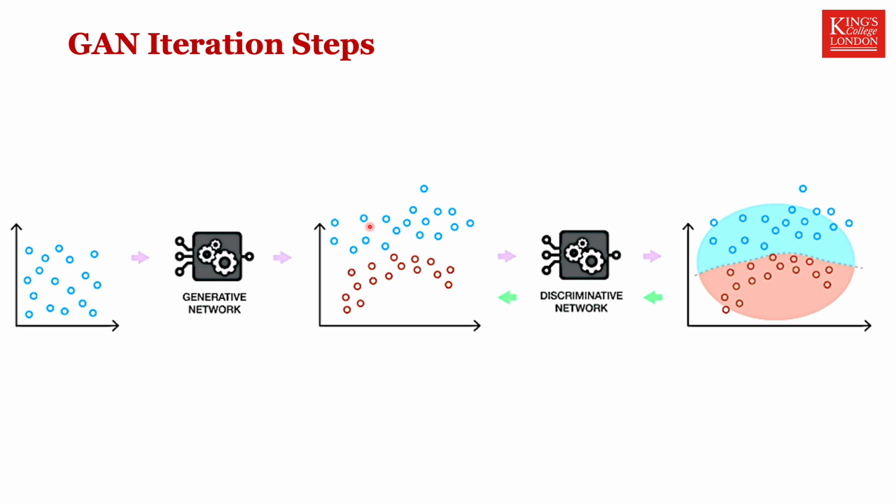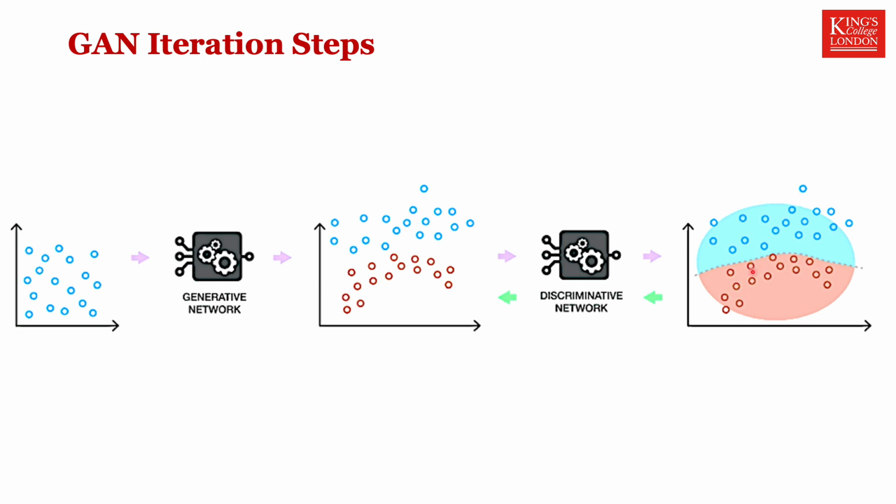And what we would like is to change the parameters of this generative network so that the blue points overlap with the red points as much as possible. The way we do this is by training a discriminative network that tries to find a separating hyperplane between red and blue. And obviously, we're training this discriminative network to maximize the ability to discriminate between the two.